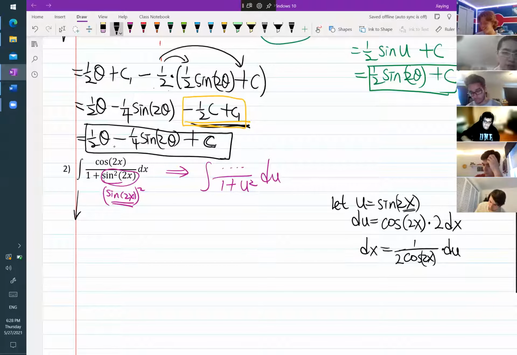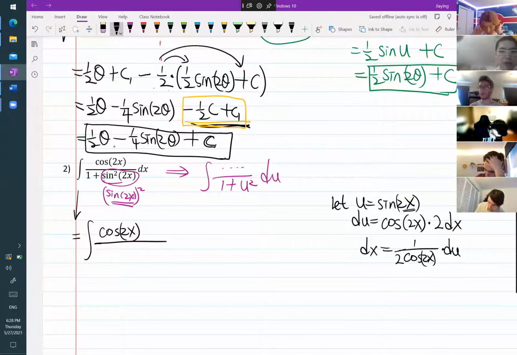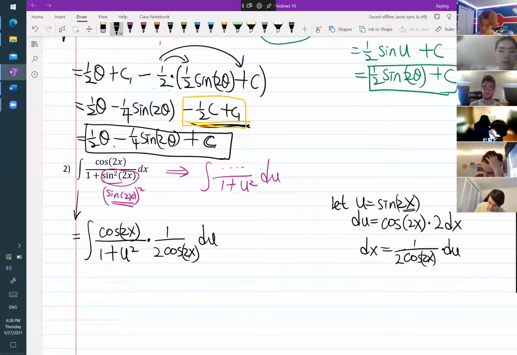This integral becomes integrating cosine 2x divided by 1 plus u squared. That's what we needed. And times dx, which is 1 over 2 cosine 2x du. It's really nice here because the cosine 2x and the cosine 2x in the denominator cancel, giving me 1.